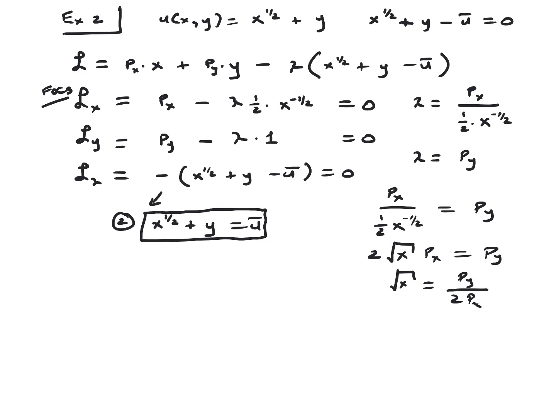Well, it's very helpful to have isolated the square root of x on the left-hand side, but what we want to solve for is actually x. And so we're going to need to square both sides. So x is going to be equal to py squared over 4 times px squared.